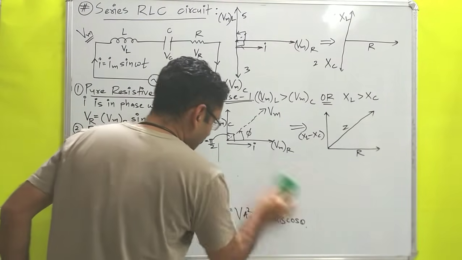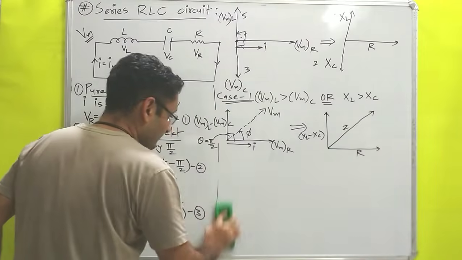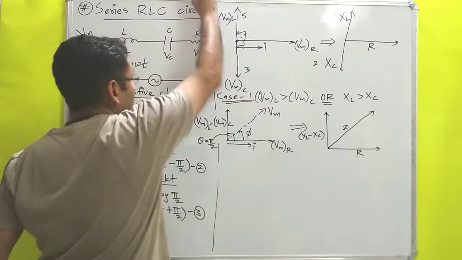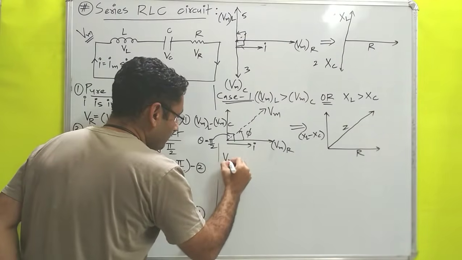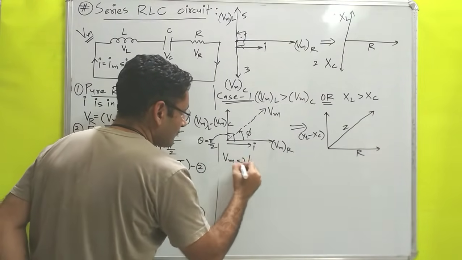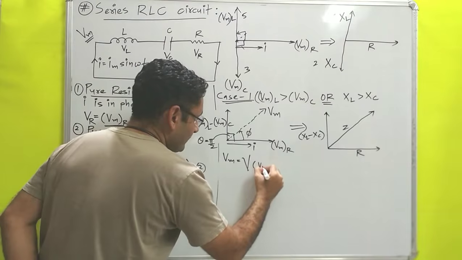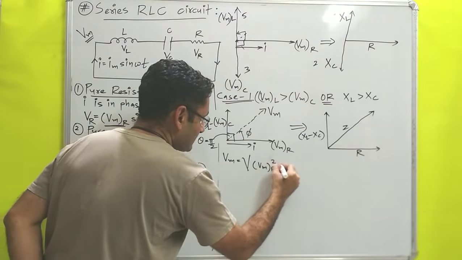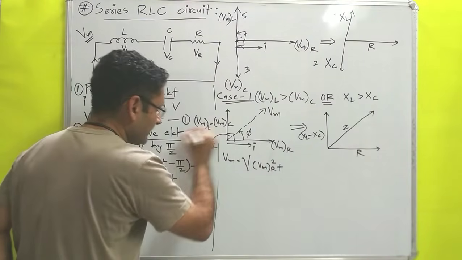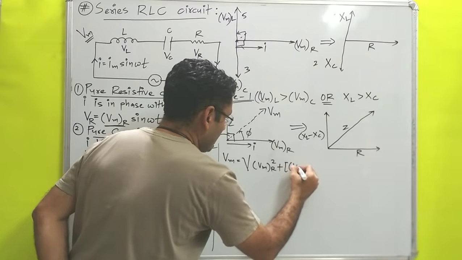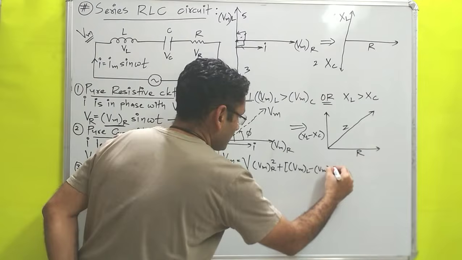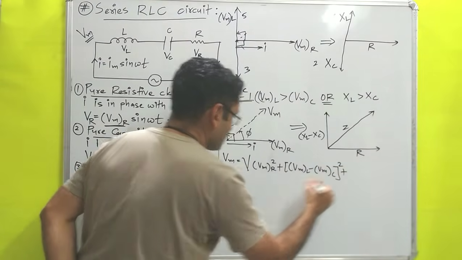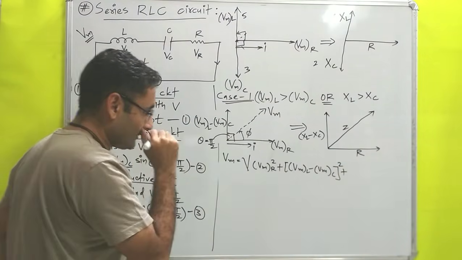So now we will add both of these vectors to find out the resultant value of Vm. So how we'll add? So we'll write we want Vm. So Vm is equals to what? Under square root of first vector square, Vm of R square, plus second vector square, that is your second vector. So it will be Vm of L minus Vm of C whole square plus next what we are writing?